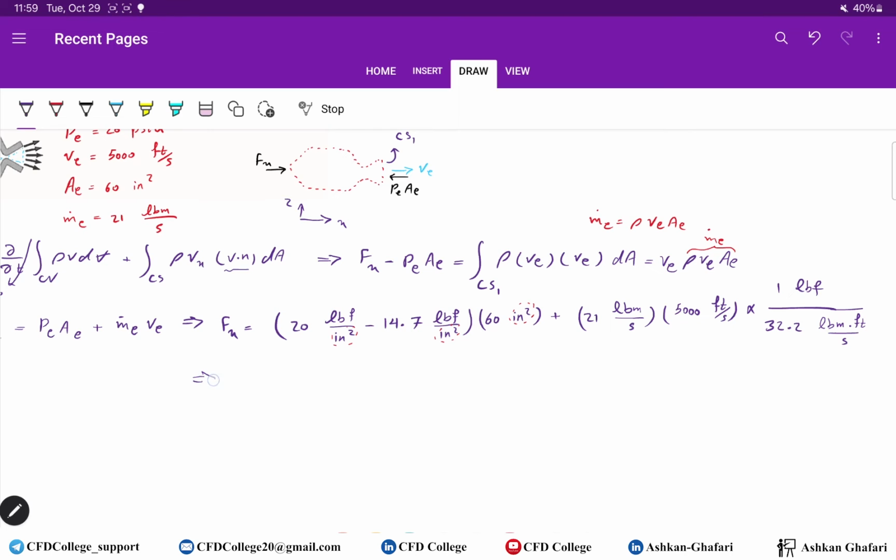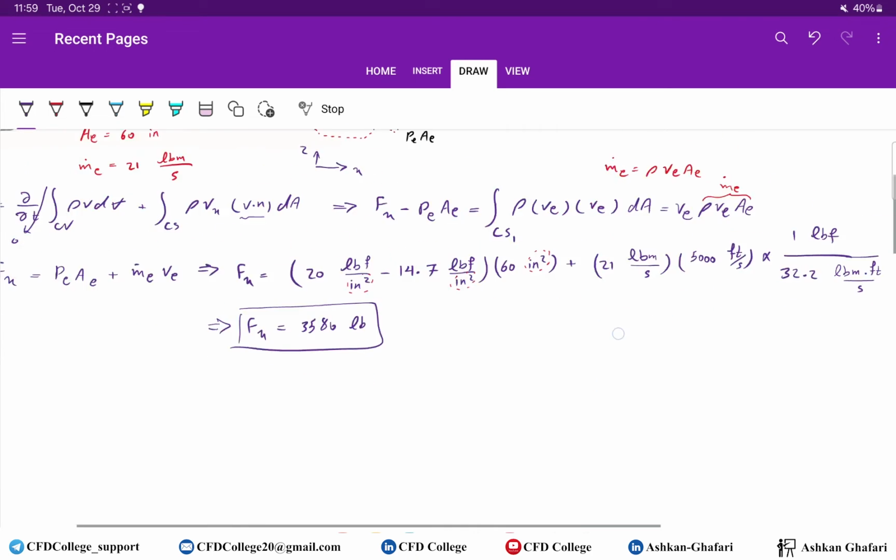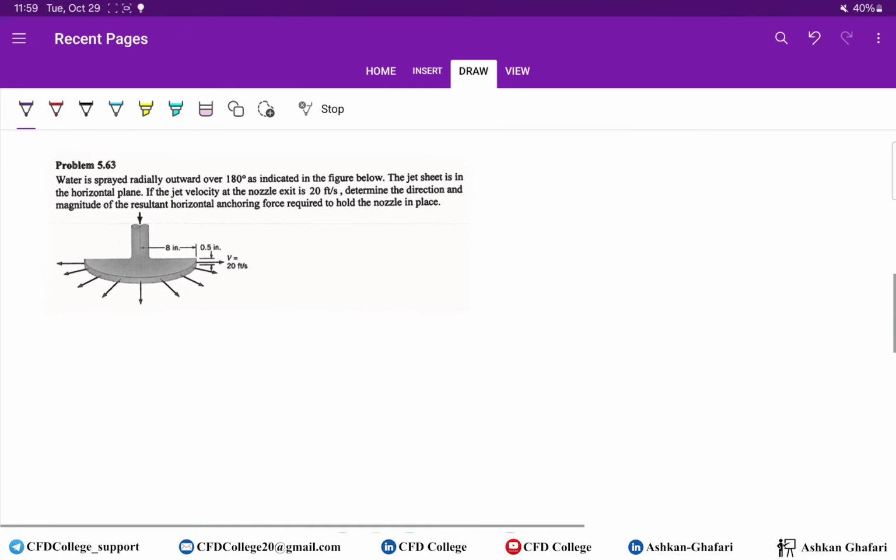So from this you can find Fx equals 5580 pounds. As you can see, it's not difficult and you can solve it easily. Let's jump to the second problem.